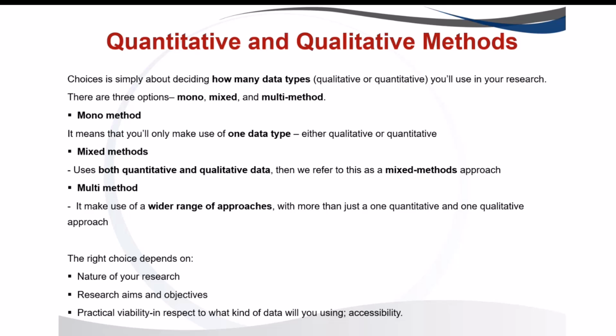The same with qualitative. Then you have what you call the mixed methods, where you use both quantitative and qualitative data. And that's why we refer to that as a mixed method. You are going to see when I define the different research designs in detail, okay?